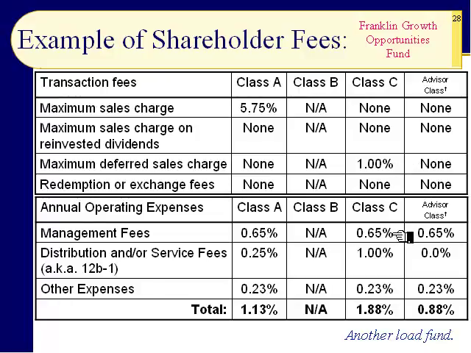There's the 65 cents management fee. There's the dollar, right? There's the distribution and or service fees, the 12B1 fees, 23 cents and $1.88. A little bit less than the one we looked at before. Not much, but still a little bit less.